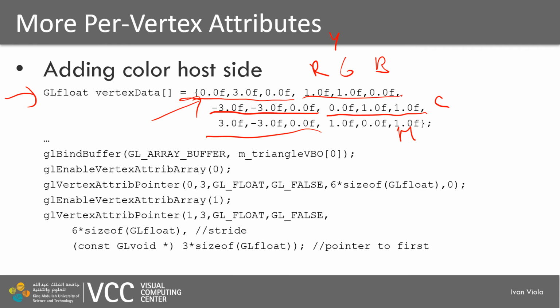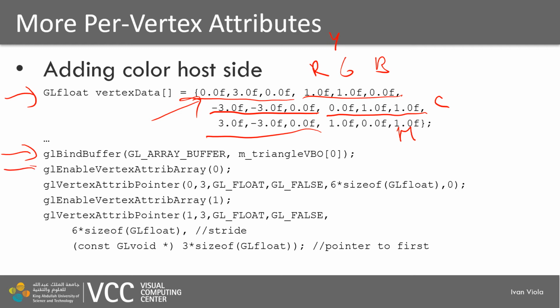And again, in the same way, we will be binding the vertex buffer object, and we will be filling this information into this vertex buffer object. And now we will be binding it for the purpose of managing it.